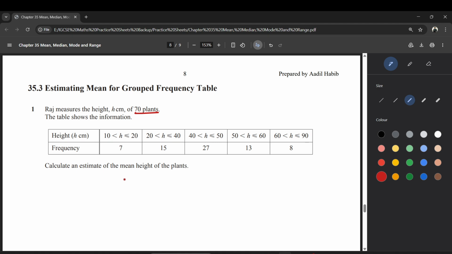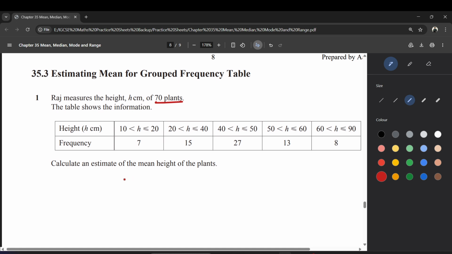All right. Now, step number 1 is that you have to make a table. So let me write this down. You do not have to copy down everything from here, only the required values would be enough. So first of all, I'm going to write down frequency, and let's make a straight line over here.